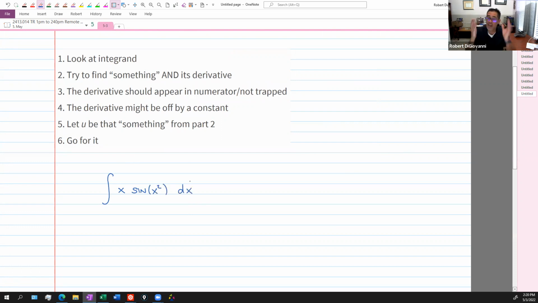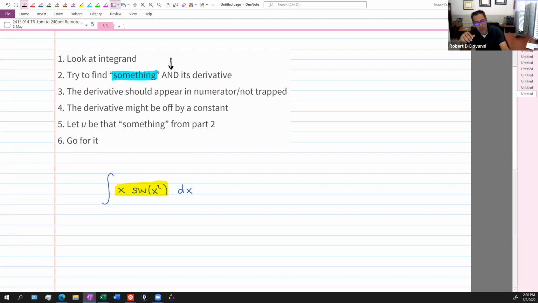Because I realize it's nothing easy, I'm going to look at the integrand. Okay, everyone take a look at the integrand. Here's the integrand. There it is right there. What I'm going to do is try to find something. I'm not even going to tell you what that something is because I don't even know what it is myself right now. I'm just looking for something.